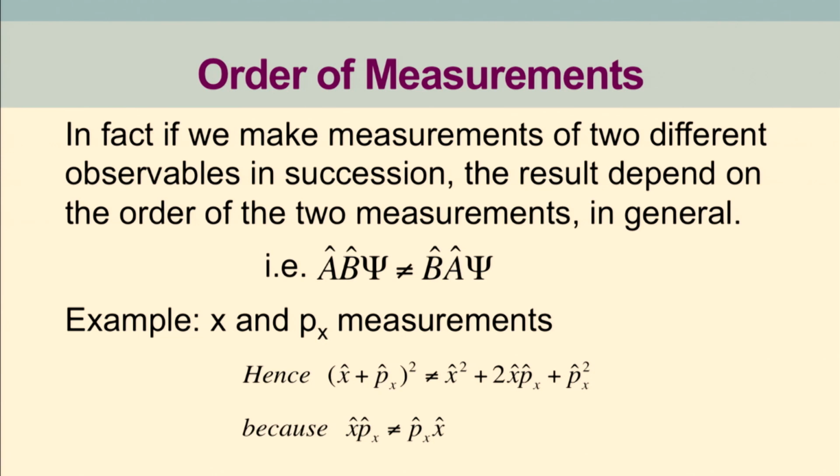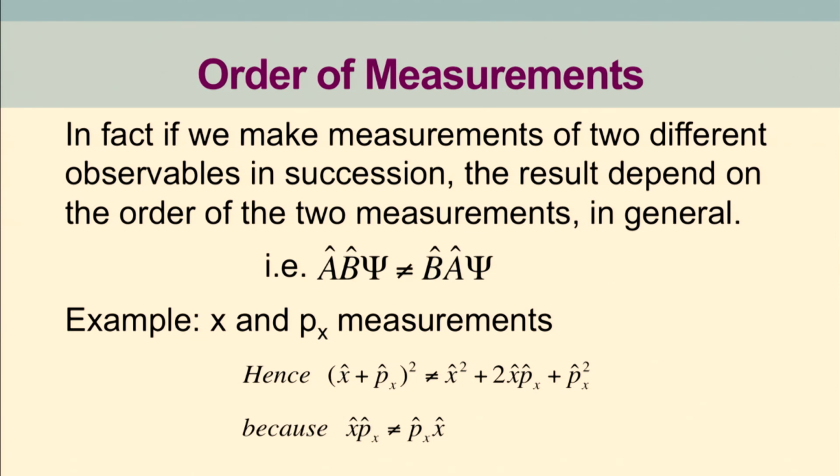This arises because of something called the commutation relation of these operators, because in quantum mechanics we talk about operators, and the observable corresponding to that operator comes from the eigenvalue of that operator. So if we make a measurement of two different observables in succession, the result depends on the order of the two measurements. Whether I measure the first property first and the second later, or the other way around, the outcome of the experiment will be completely different.